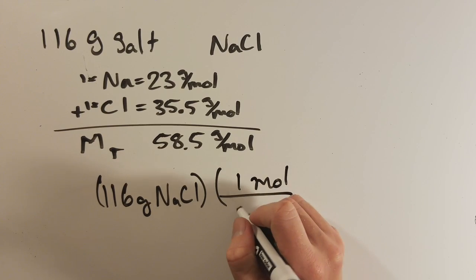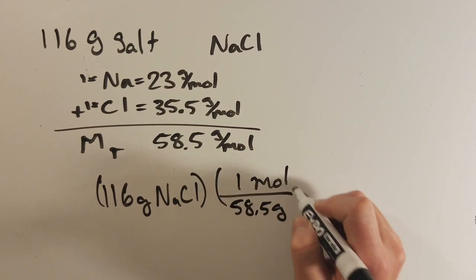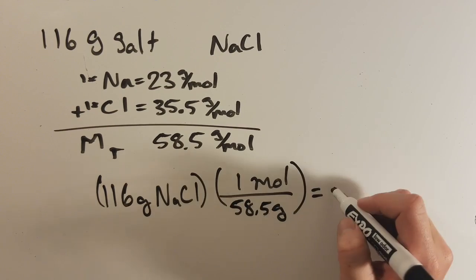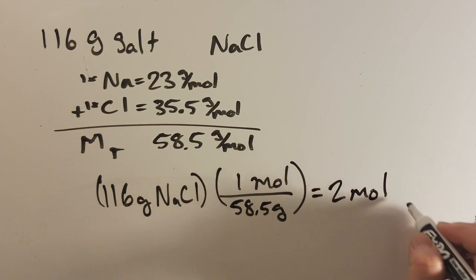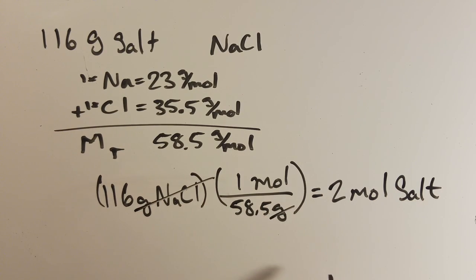For every 1 mole of salt, we have 58.5 grams. And that's going to come out to be 2 moles of salt. Cancel out our grams. 2 moles of salt.